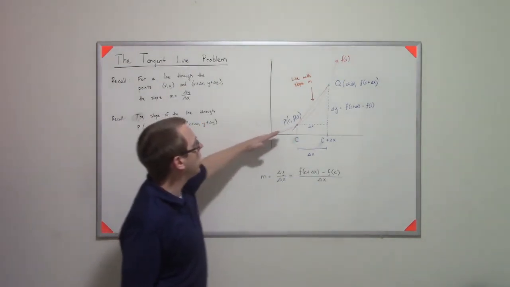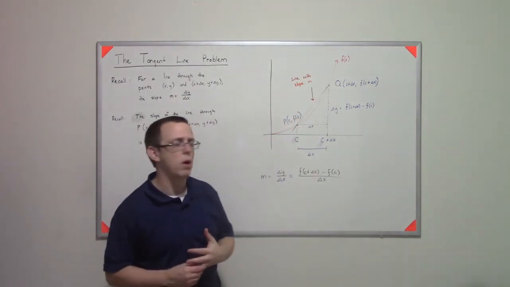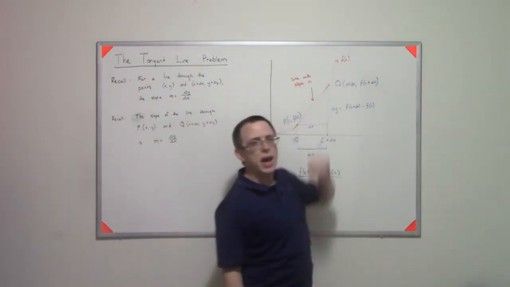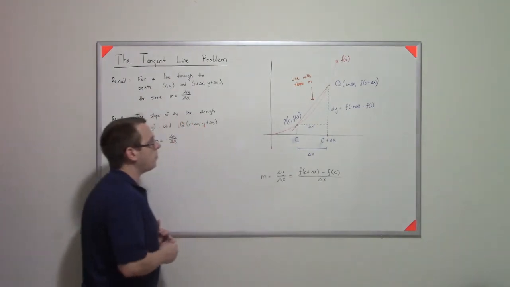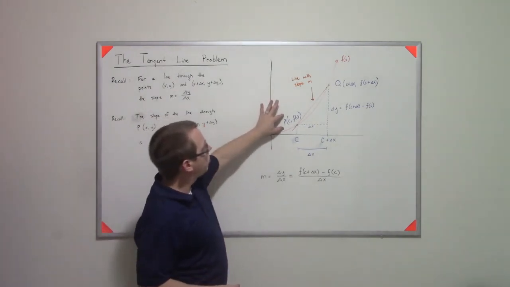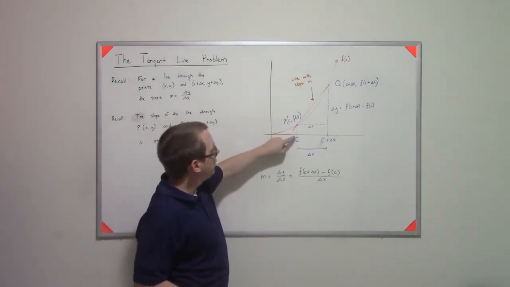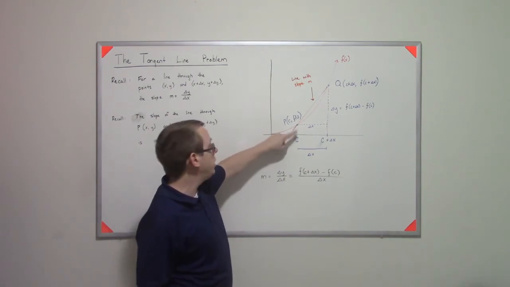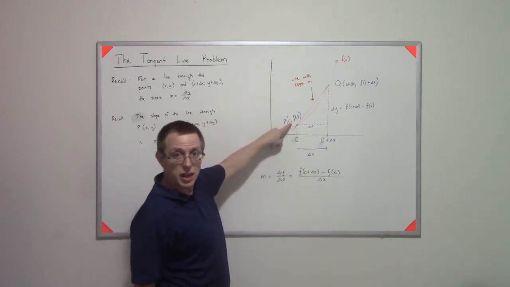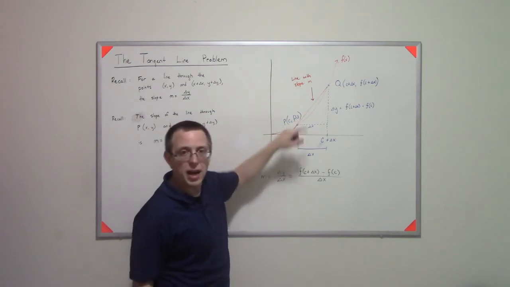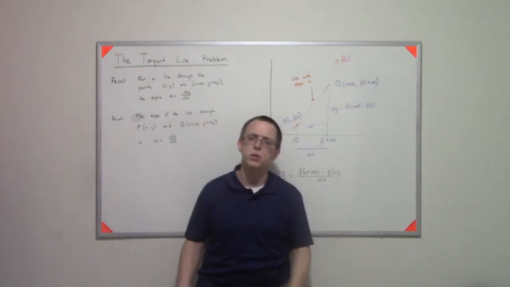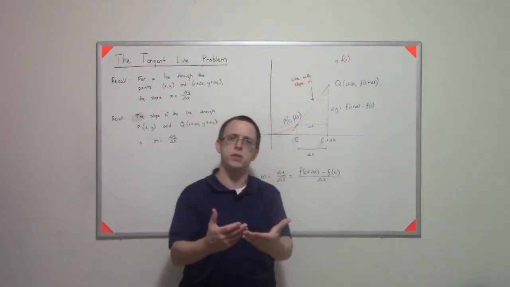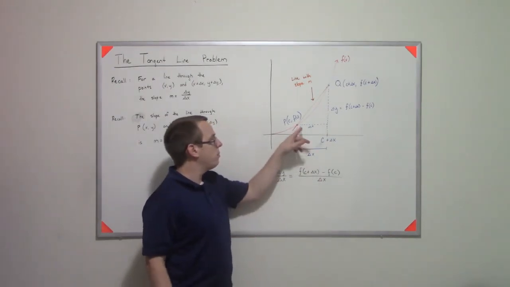I have a red line here, which may be difficult to see, I apologize. And we're going to call that f of x. And I have some point P that for some x value c, the point is the x value and the function at x, so f of c, right? So instead of writing y, we're going to write f of c, which is the same idea.